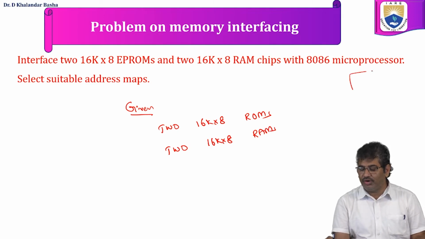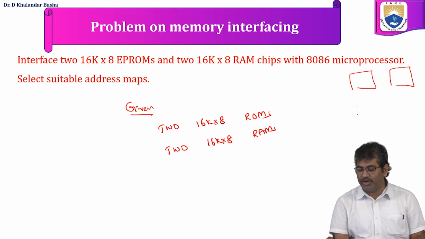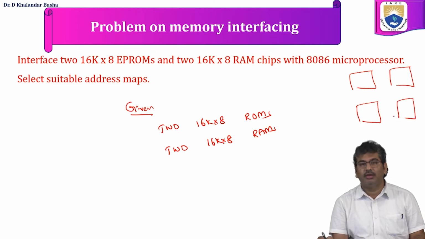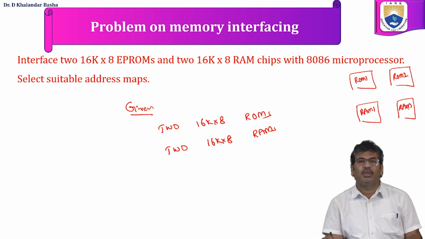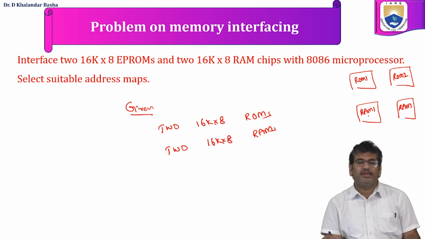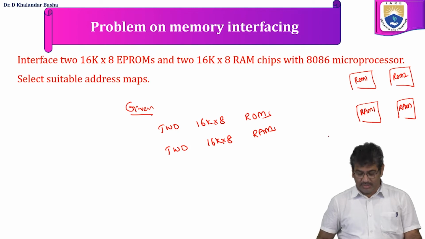In total, we are going to have 4 memory chips. The first one we take as ROM block 1 and this is ROM block 2. The lower ones are RAM block 1, RAM block 2. So these 4 memory elements we want to interface with 8086 with a suitable address map.